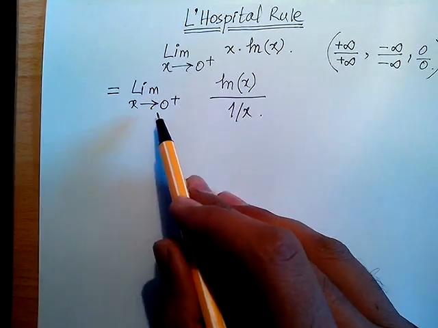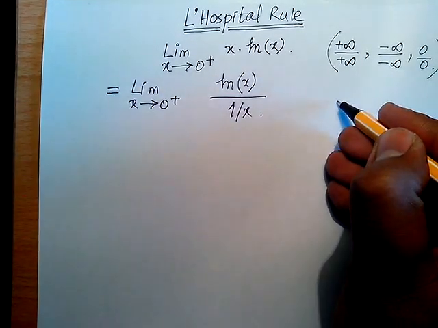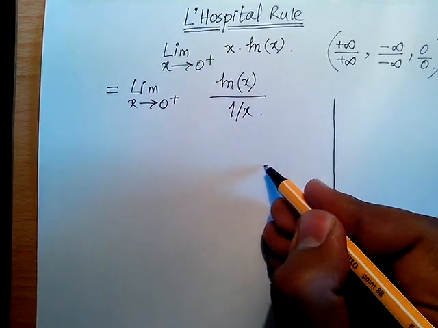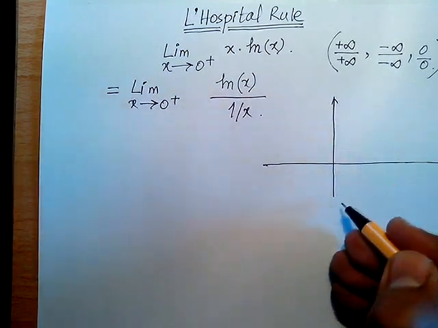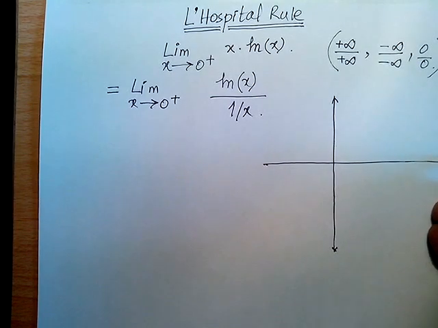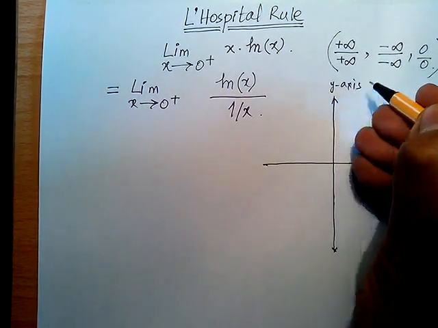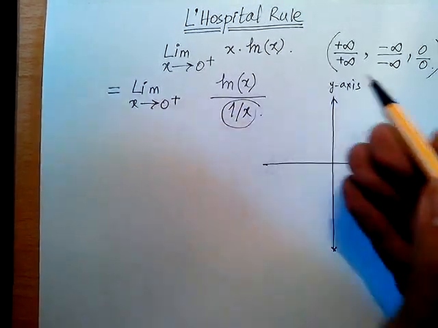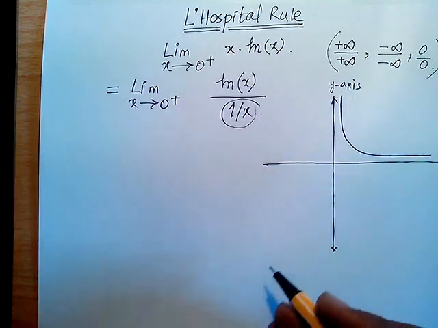So now, okay, let me draw a graph first. The x-axis, the y-axis, and the graph of 1 over x is this.